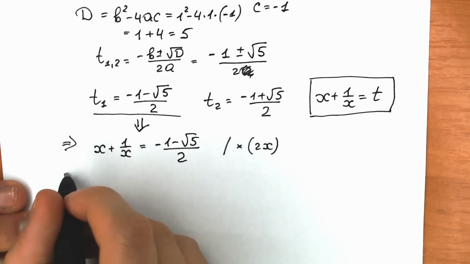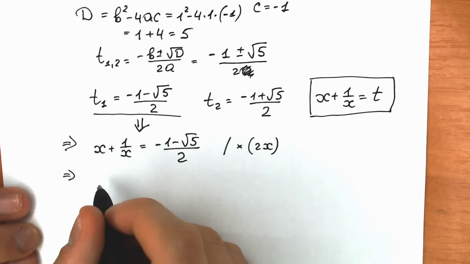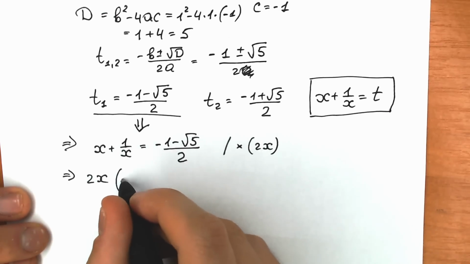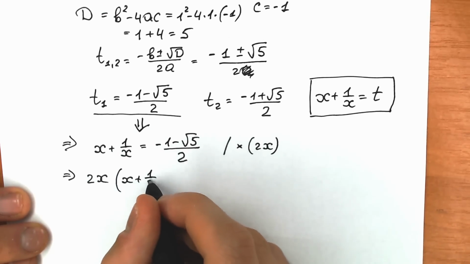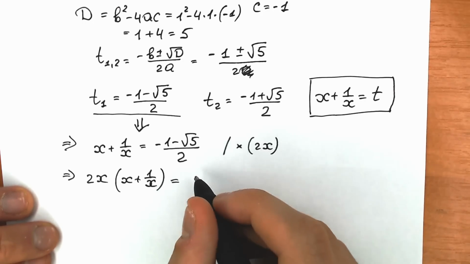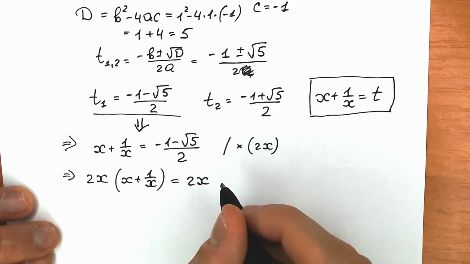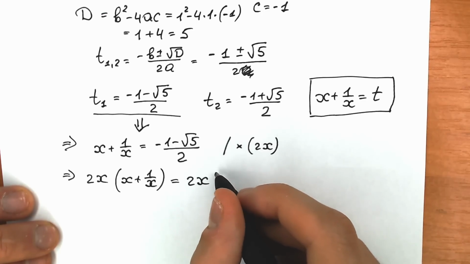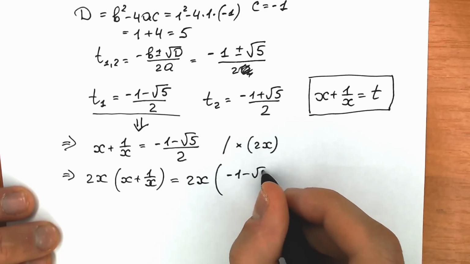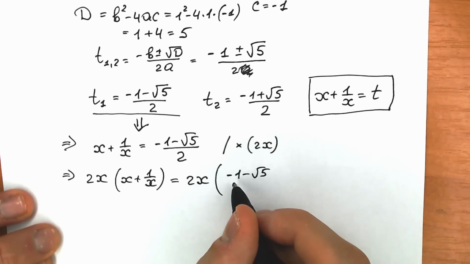So we have 2x multiplied by the parentheses x plus 1 over x, and on the right side 2x multiplied by minus 1 minus square root of 5, all over 2.